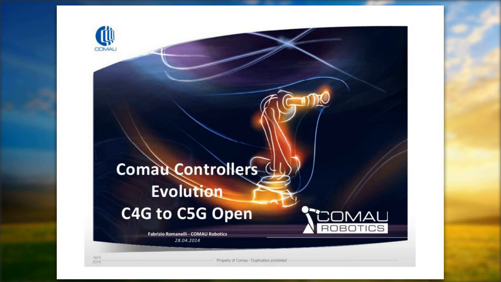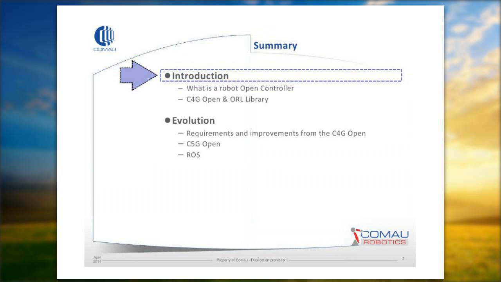I'm Fabrizio Romanelli from Comau Robotics, and I'm going to present you something about the Comau controller's evolution from C4G to C5G Open, and to slightly show you also something about ROS. Here, as a summary, we want to give you an introduction on what a robot open controller is, and then show you our past C4G Open control and ORL library.